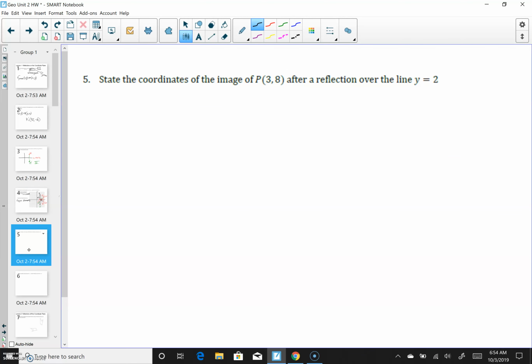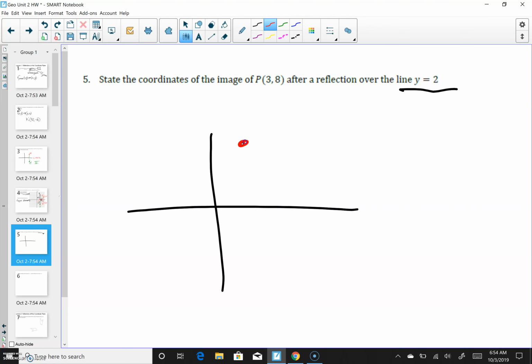Number 5, state the coordinates of the image of P (3, 8) after reflection over the line y equals 2. Normally these are a lot easier if we have a graph, but we're going to estimate things a little bit here. The point (3, 8) would be somewhere around here, and the line y equals 2 is a horizontal line, 2 units above the x-axis.